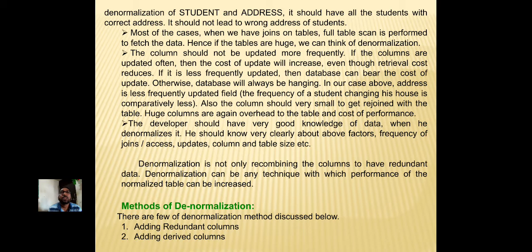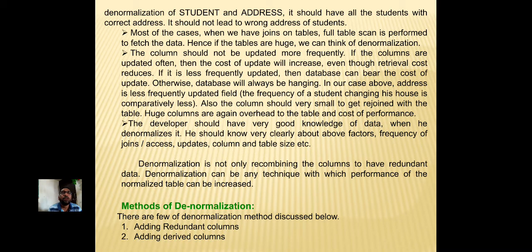And next, the column should not be updated frequently. If the columns are updated often, then the cost of update will increase, even though retrieval cost reduces. If it is less frequently updated, then the database can bear the cost of updating it.